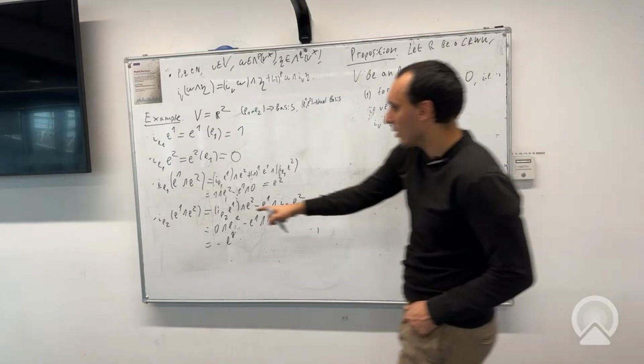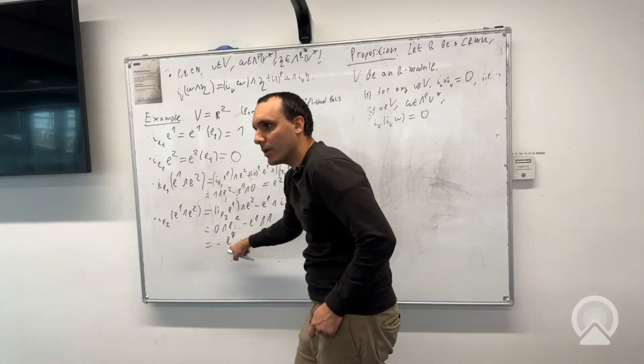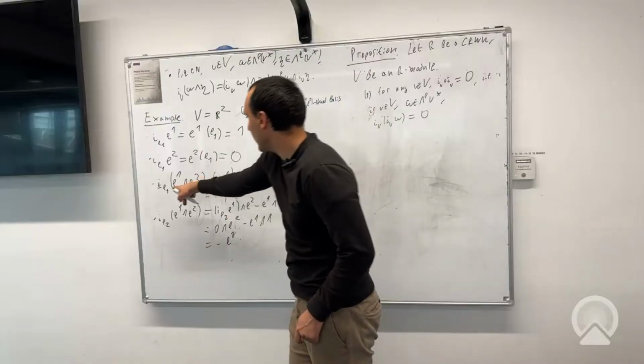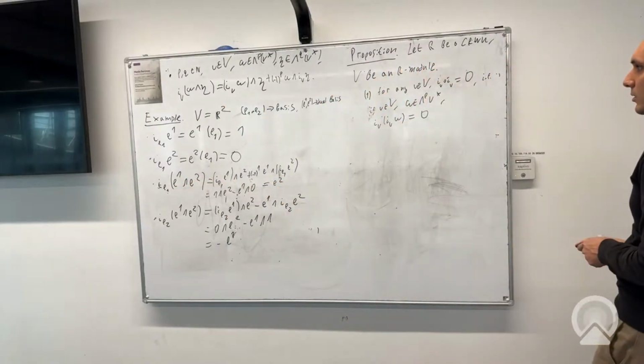You see here, if I applied i of e2 twice, I have e1 and it will become 0. And here, if I apply e1 to this result here, it will become 0. And this is true in general.